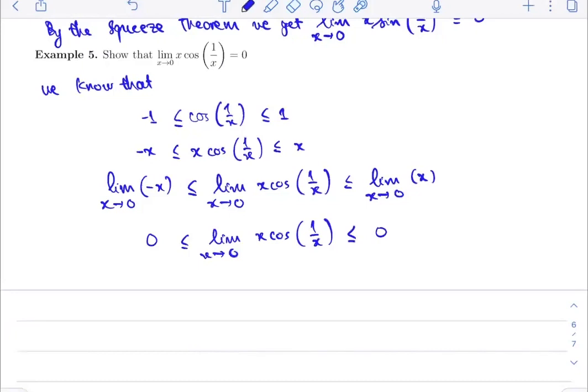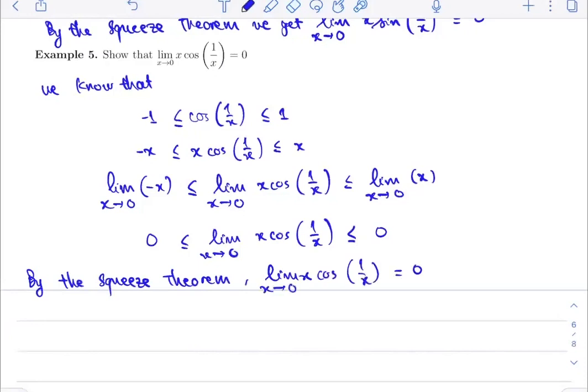Then by the squeeze theorem, we have that the limit of x times cosine of 1 over x as x approaches 0 is also equal to 0. I hope this helped, right?